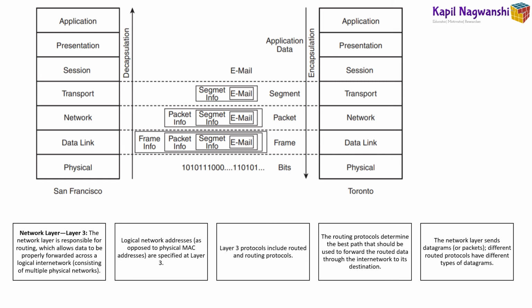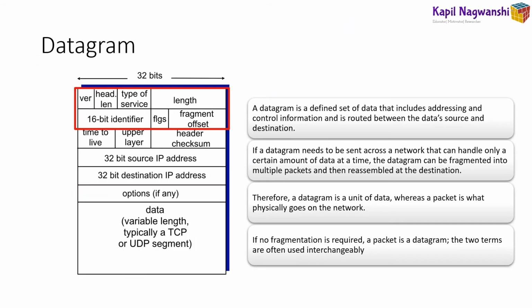Here in the physical layer, node to node delivery is there. The data link layer is also node to node delivery, but in the network layer, source to destination delivery is ensured. These are a 32-bit source IP address and a 32-bit destination IP address.